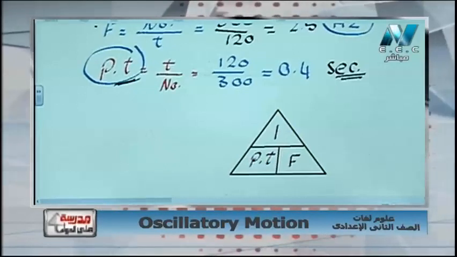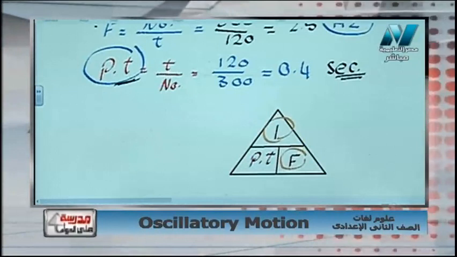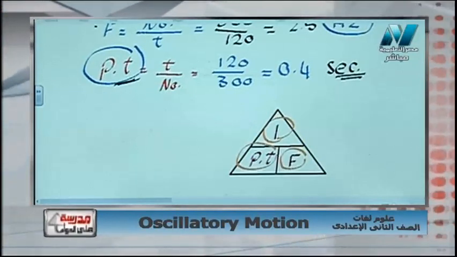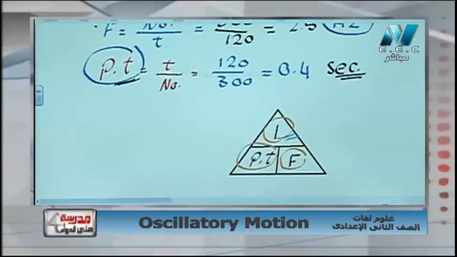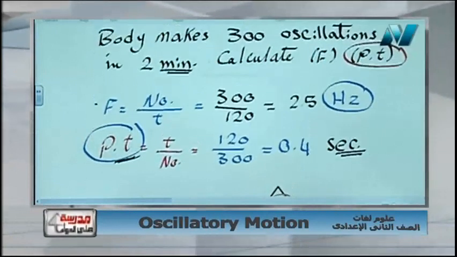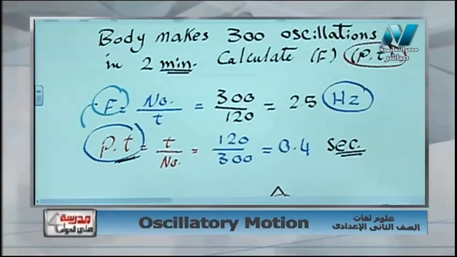Which means what? Frequency equals 1 over periodic time, and periodic time equals 1 over frequency. So if I can calculate frequency, I can calculate periodic time.